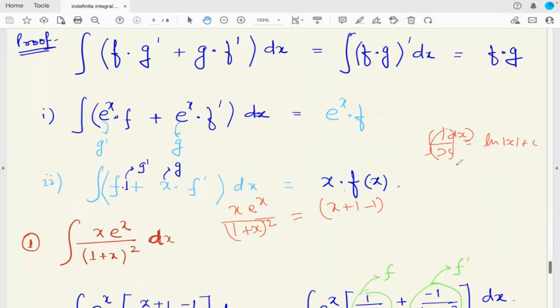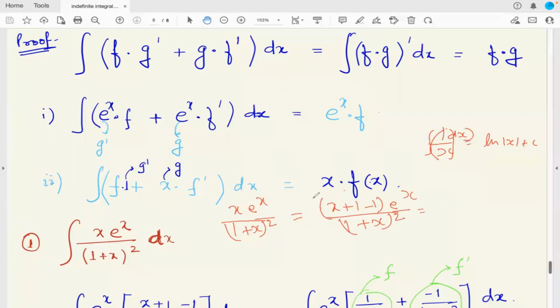Okay, its integration we know. So if here the power is 2, we try to reduce its power. So we can write x plus minus 1. Simple manipulation. We can write it as x as x plus 1 minus 1. And then what I do, e to the power x divided by 1 plus x square.